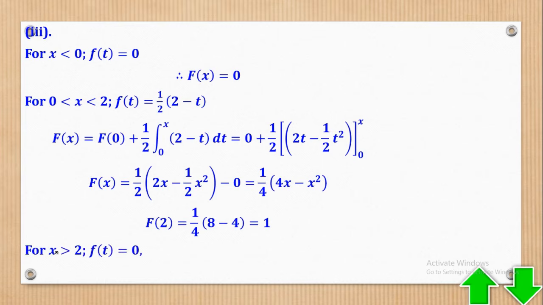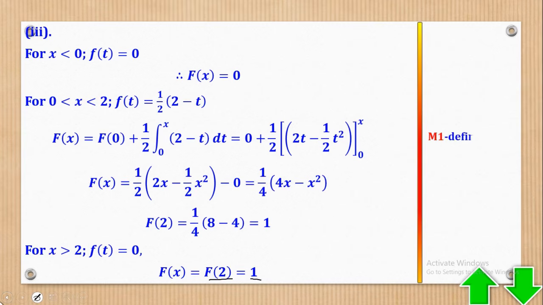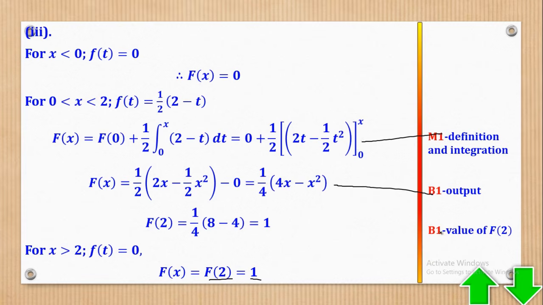Therefore for x greater than 2, the function is 0 because it's outside the range. Therefore capital F(x) will be equal to F(2), which is 1. So basically that's what they wanted. Now let's see how marks can be awarded. So M1 for integration, B1 for output, B1 for value of F(2).